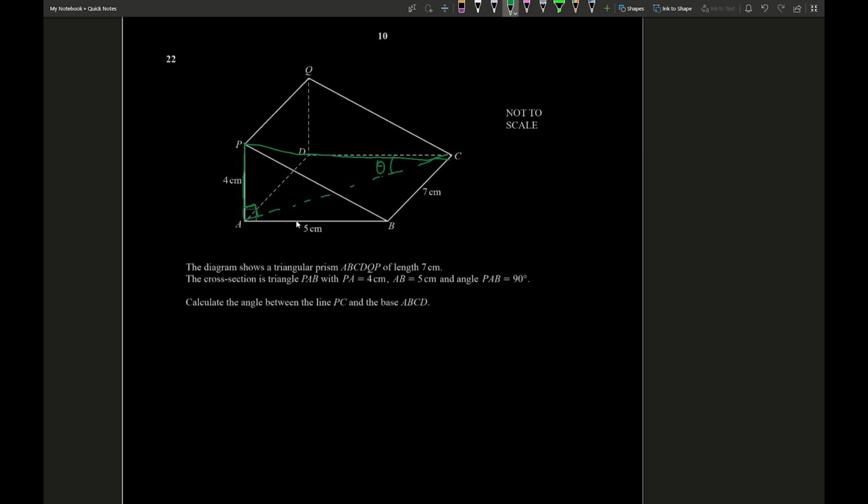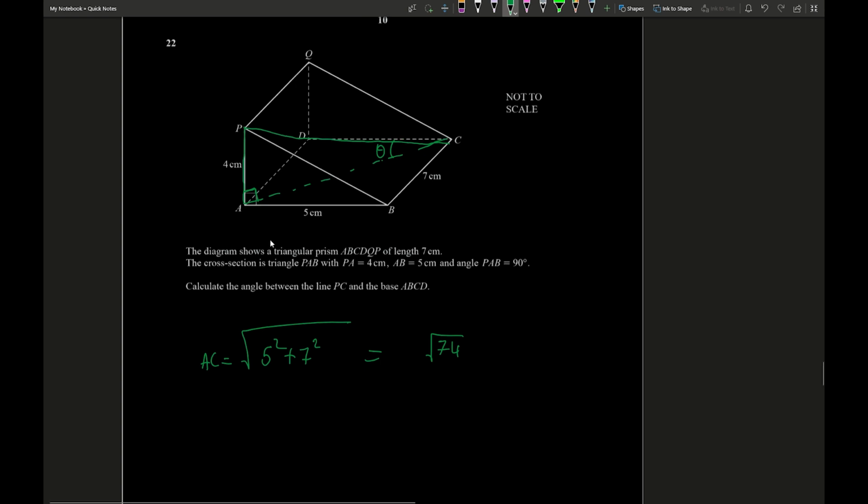And to calculate this diagonal, we'll have to use Pythagorean theorem. So AC is equal to the square root of the sum of the squared side lengths. So 5 squared plus 7 squared, which is 25 plus 49, is equal to the square root of 74. Now, let me just redraw this triangle ACP.